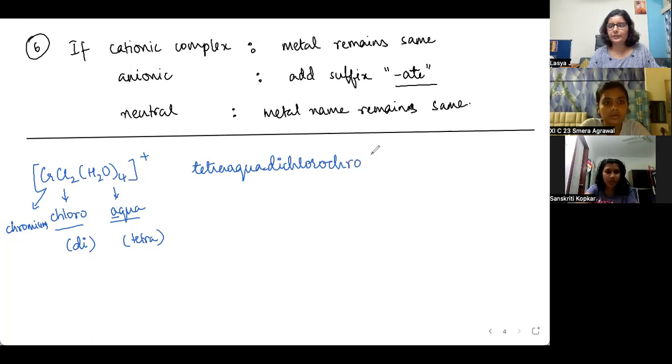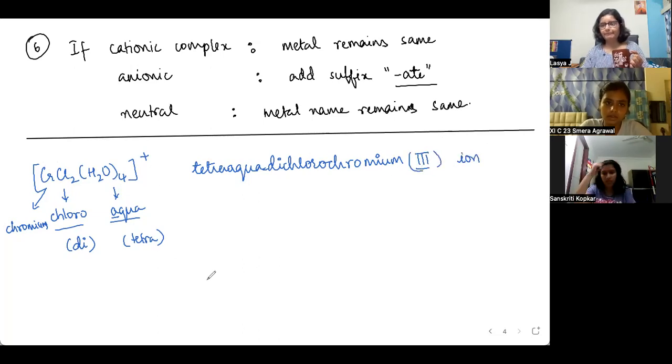Chromium or chromate? Cationic, so chromium. And the oxidation state in brackets. What is the oxidation state of chromium? +3. That's how you put it together.